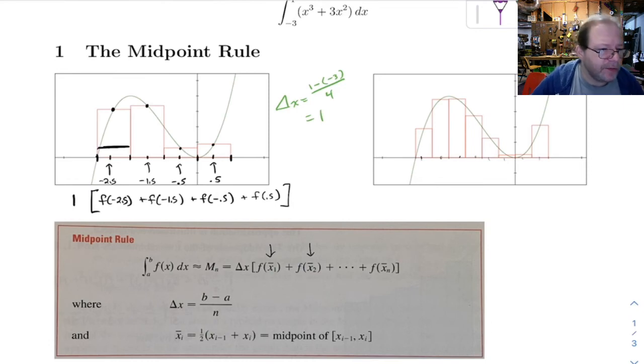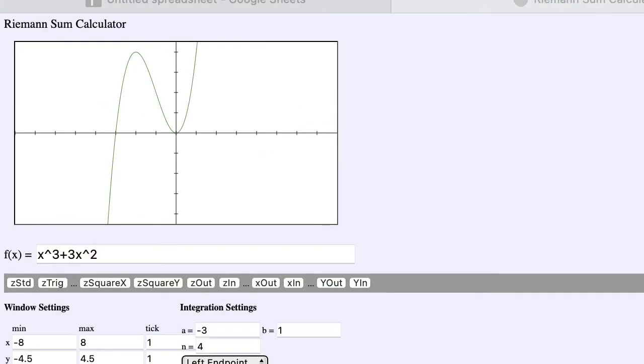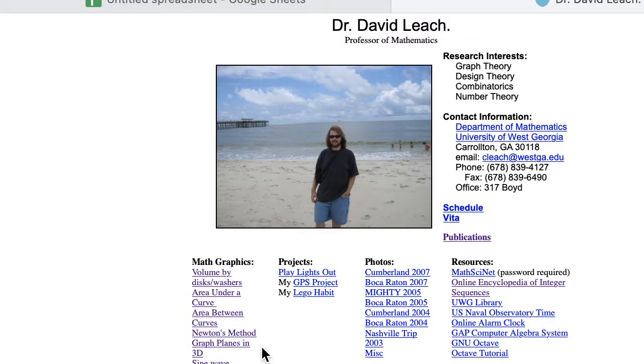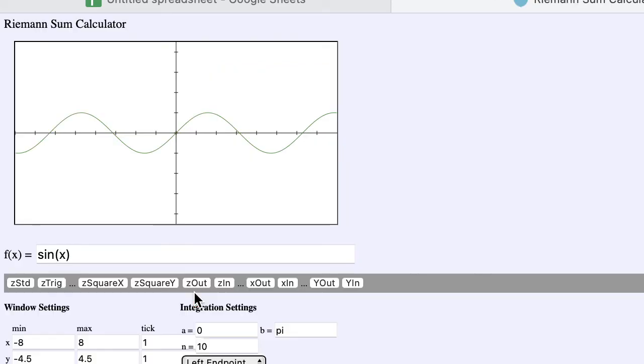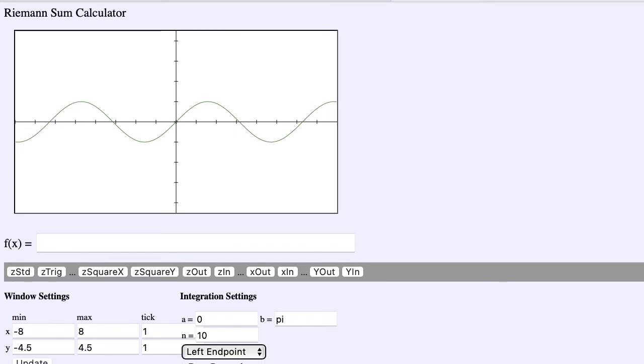Now, I'm not sure if I've shown you this before or not, but there's an online calculator. You can get to this from my webpage, area under a curve. It actually gives a couple of options for what to use, and one of them is the midpoint rule.